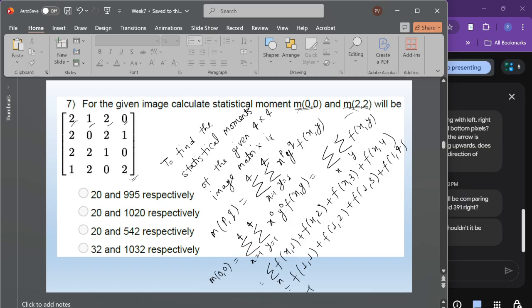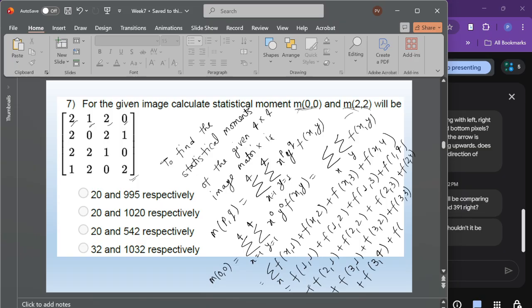Similarly, if you put in 2, you will get f21, f22 plus f23 plus f24. Now next one is plus f31 plus f32 plus f33 plus f34.